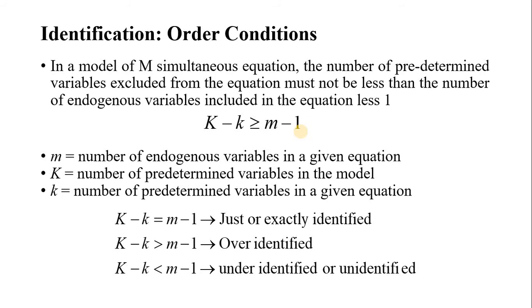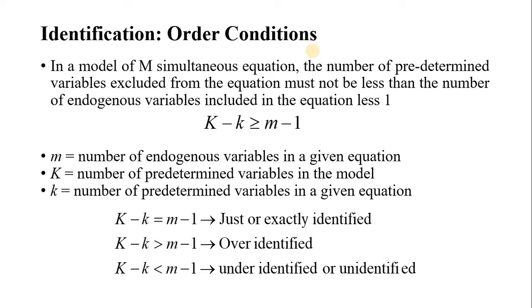In both cases the equation is identified. But if m minus 1 is greater than K minus k, then the equation will not be identified; it is called under identified or unidentified.